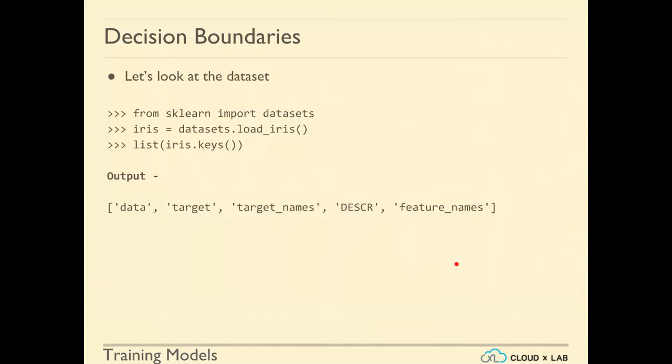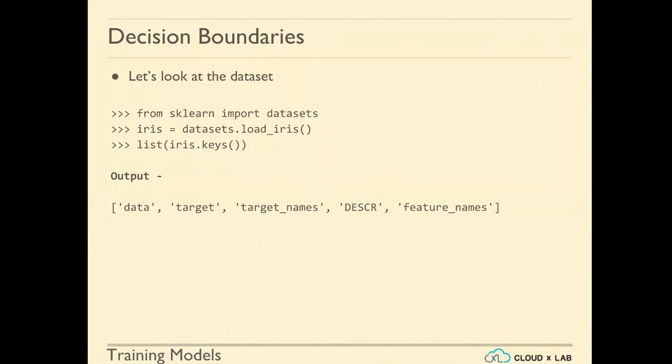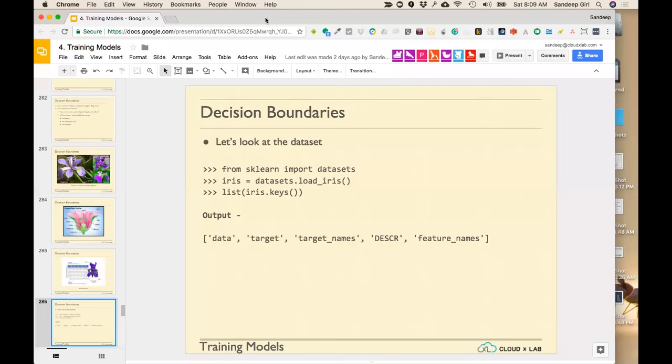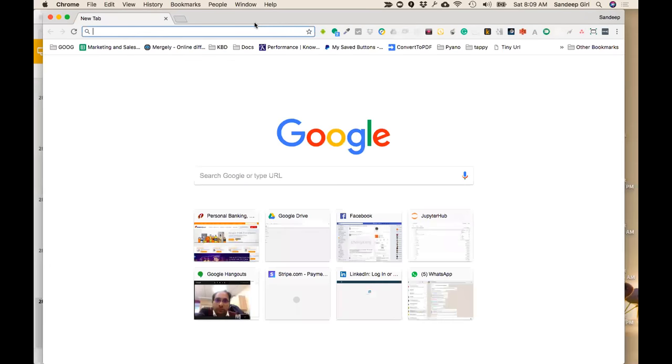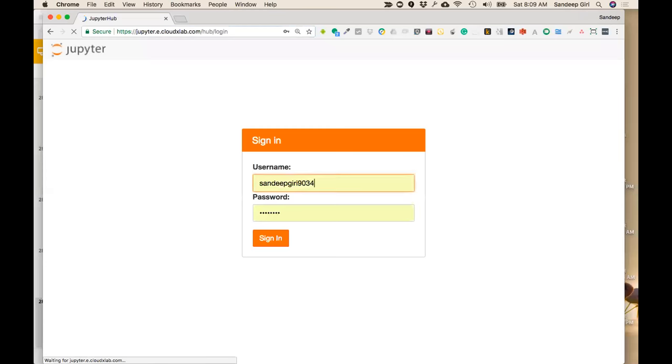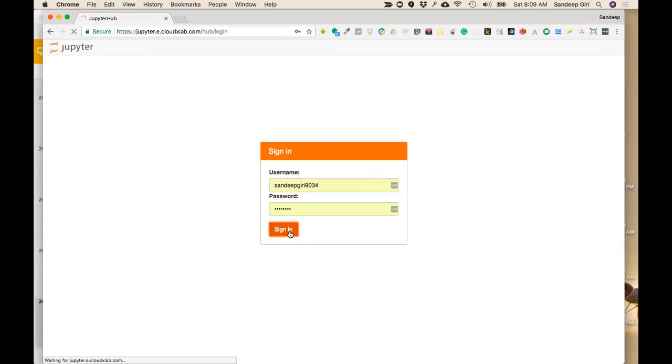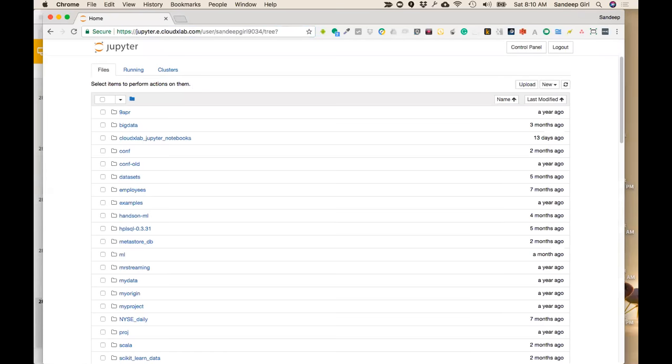All right. Now let's take a look at the data set. Question from Gigi is, can we solve this using regression method?